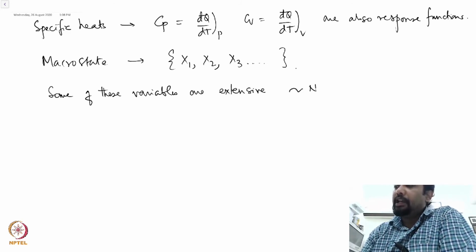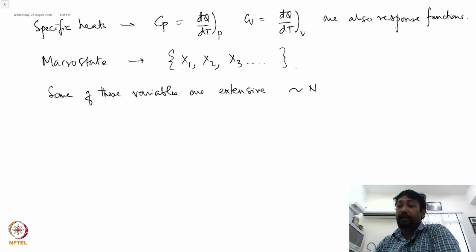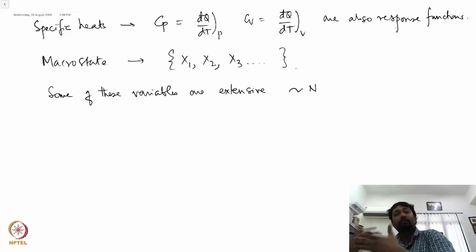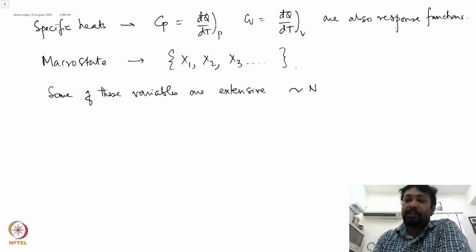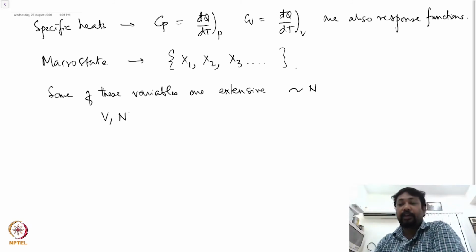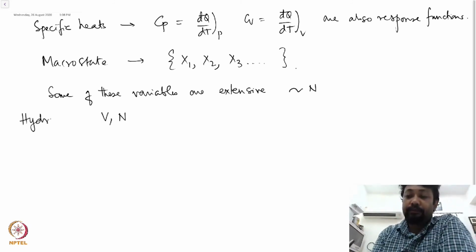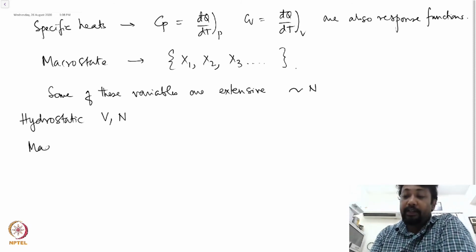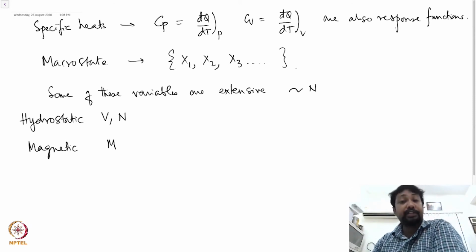That means they scale as particle number N. If you add more particles, you will see that that particular physical variable also changes. For example, volume and N for a hydrostatic system, and magnetization for a magnetic system. All of these are extensive variables.